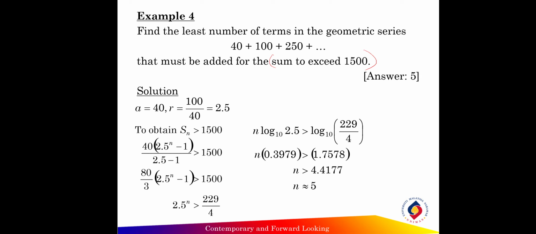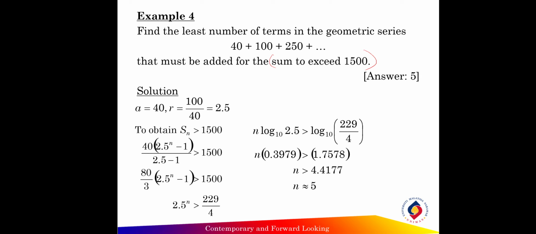So how do we solve for n in the index? You have to use log.